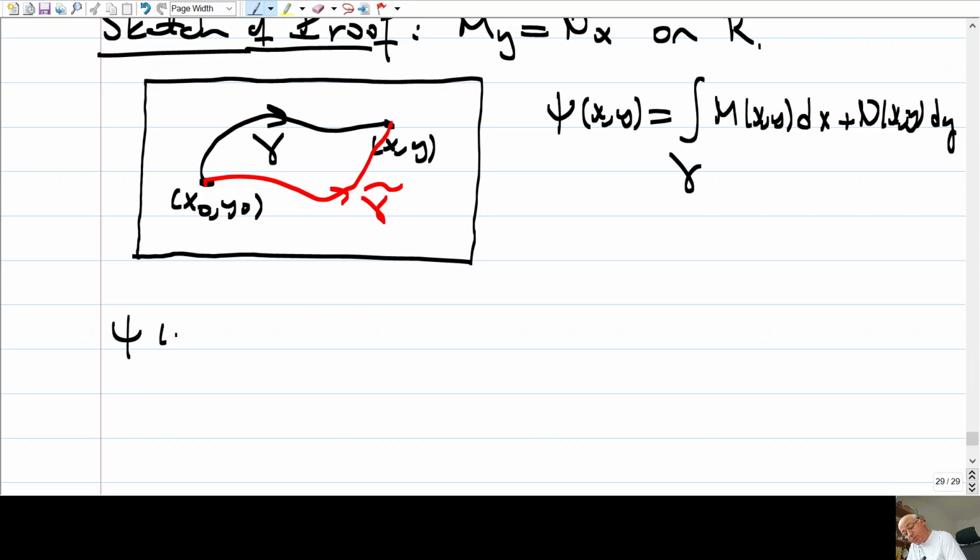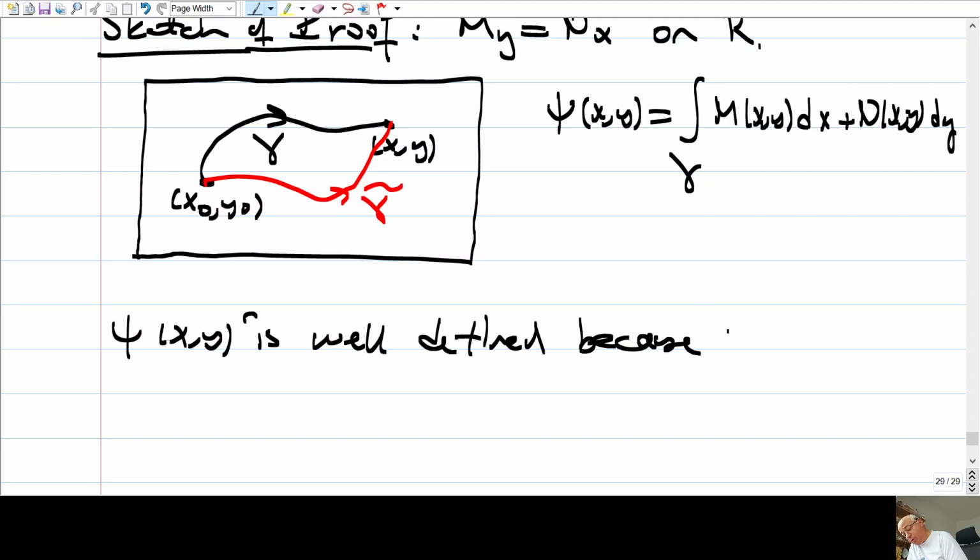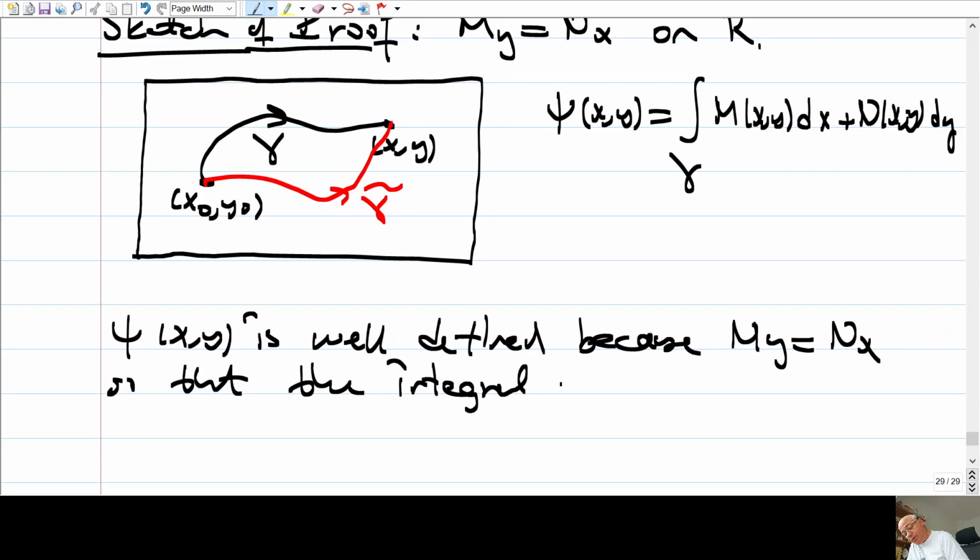This function is defined since m sub y equals n sub x, so that the integral is path independent.